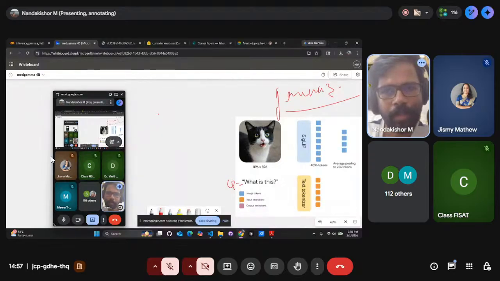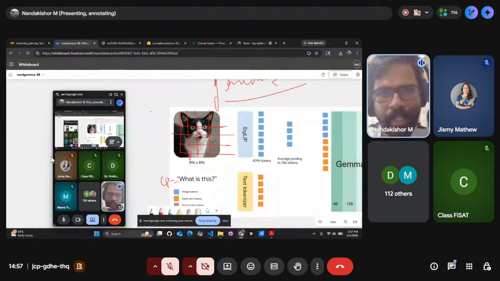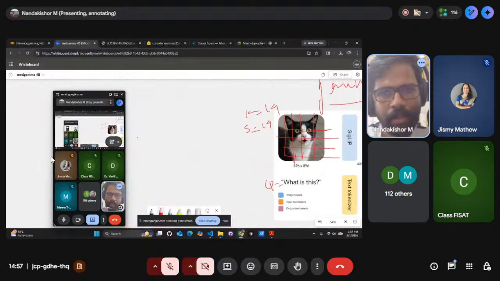Okay, so you have the image here. You make it into patches. Then what you can do is define a kernel of 14. Kernel means convolution.